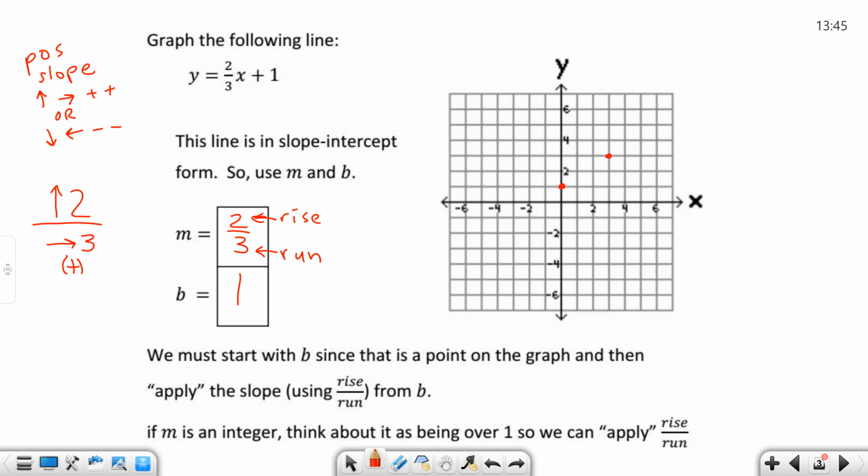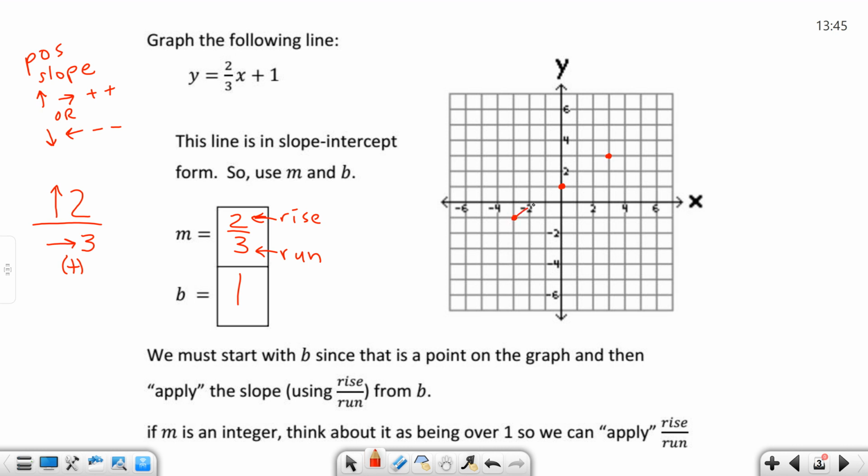What if I did go down 2 units and left 3 units? See, down is a negative number, so that would be like -2. And to get a positive slope, I'd need to go -3. So if I go down 2 and left 3, guess what? Here's a point, and I'm still on my same line there. All right, so I can go down 2 and left 3. So let me put that point there, back there, down 2 and left 3.